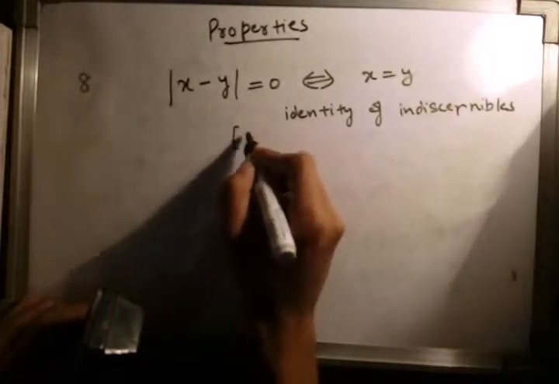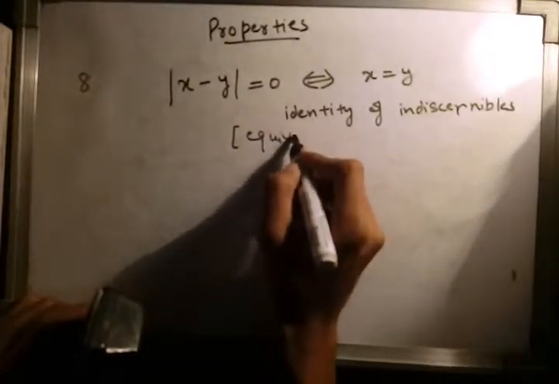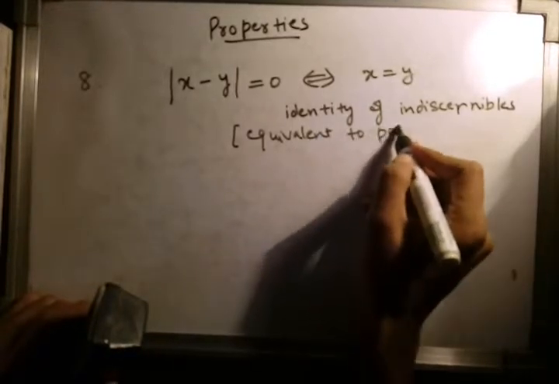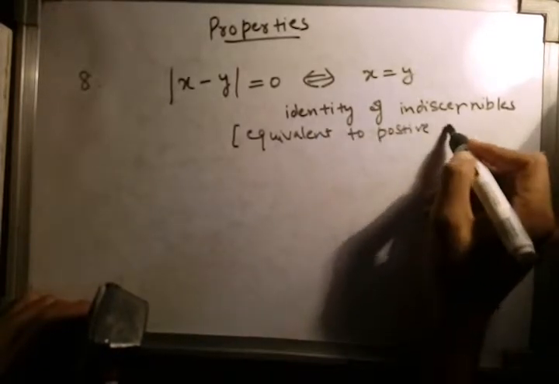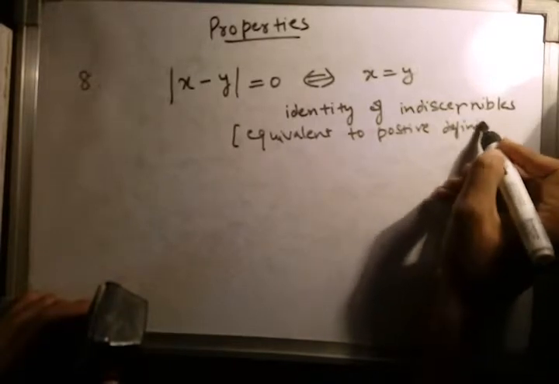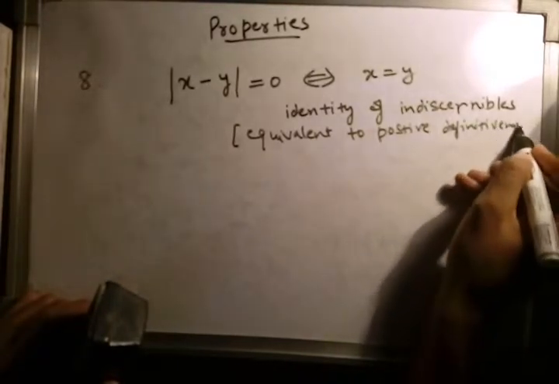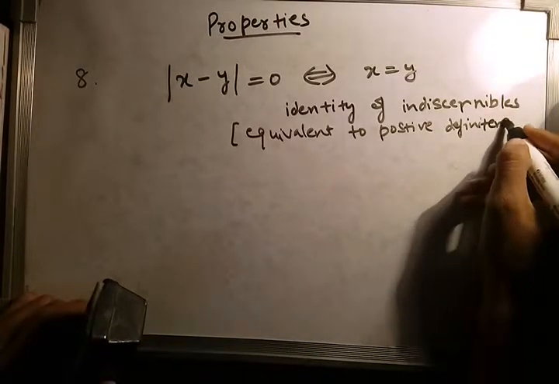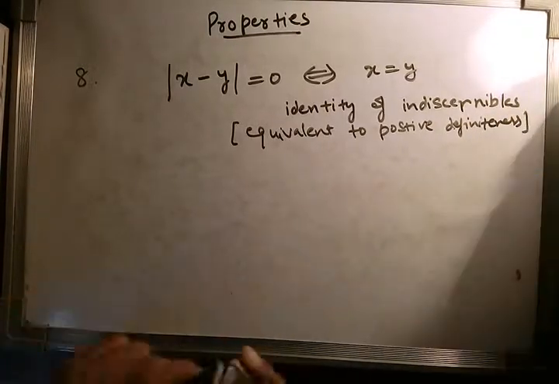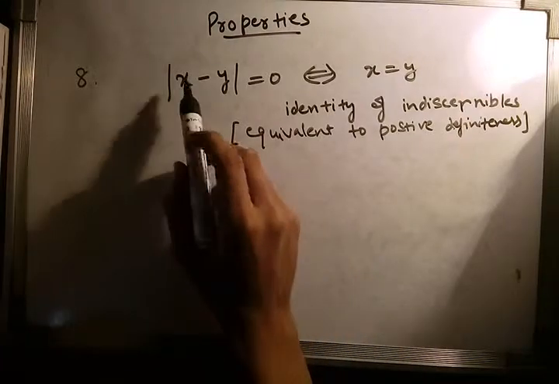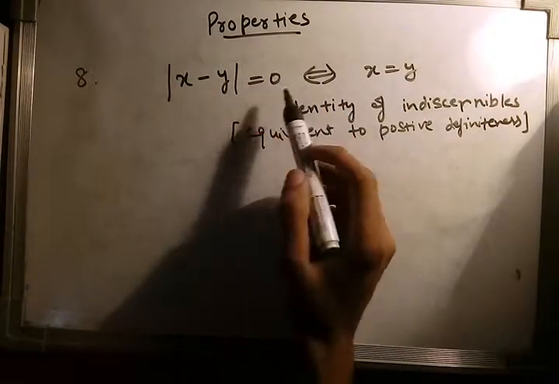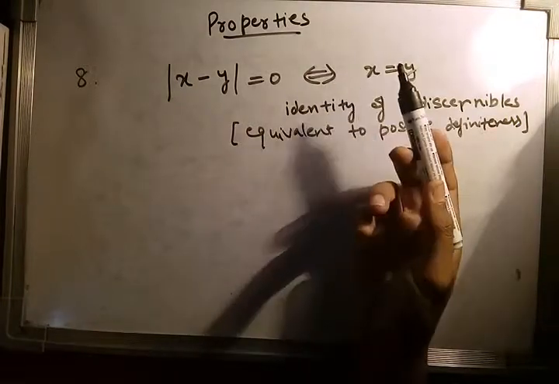This is equivalent to positive definiteness, I should say. This property says that if the difference between two numbers, with modulus taken on the whole, is 0, that means the two numbers are the same.